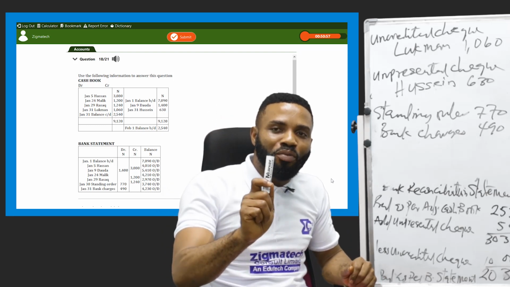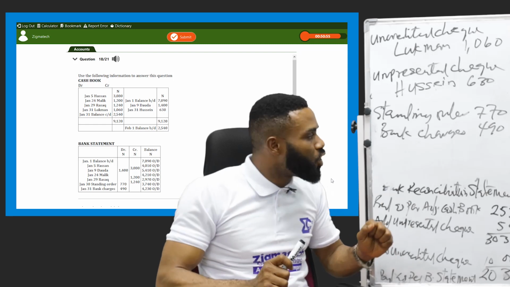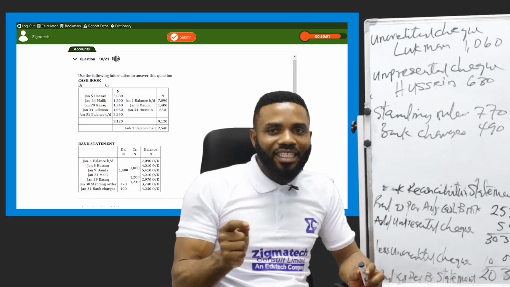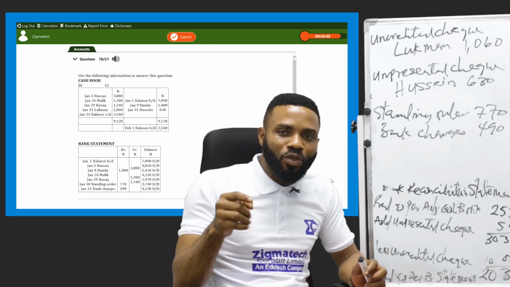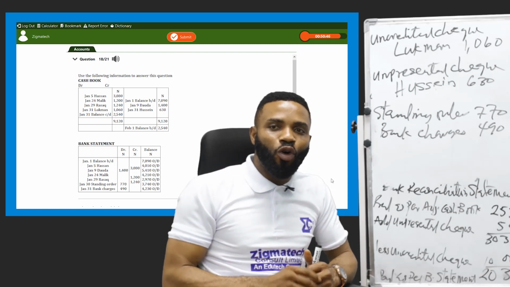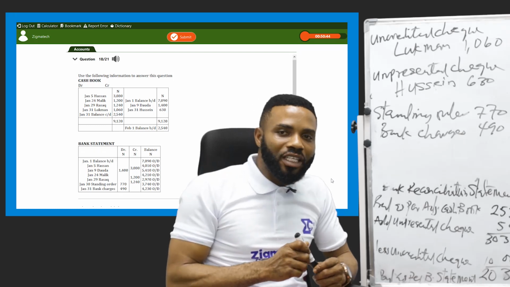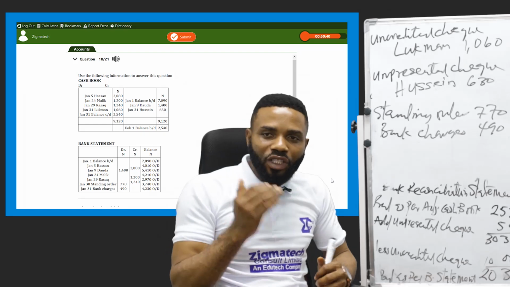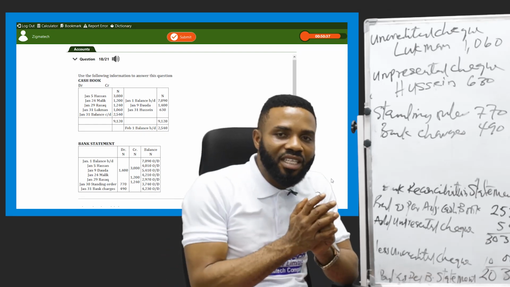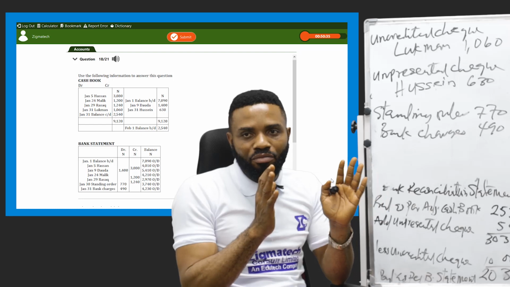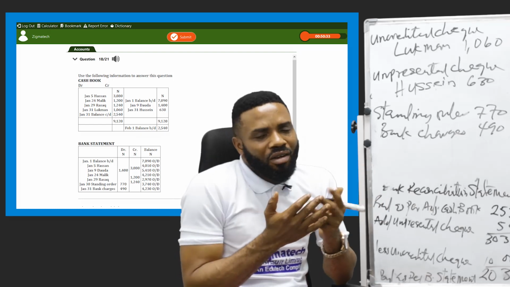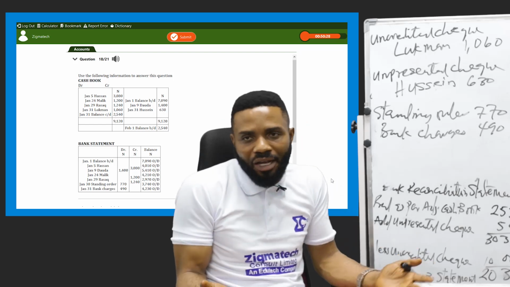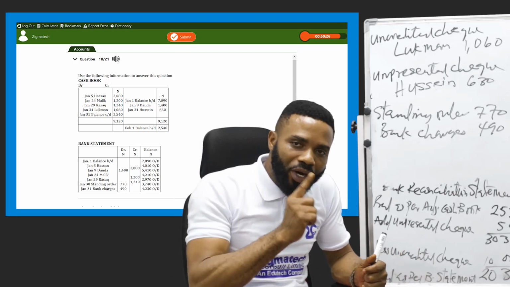Let me point out something before we launch into the bank reconciliation. Can you see OD at the end of all the figures written in the bank statement? That OD represents overdraft. Overdraft is a special arrangement between the bank and customers, because the bank can allow customers to withdraw beyond the amount they have in their account, but it has to be a current account.